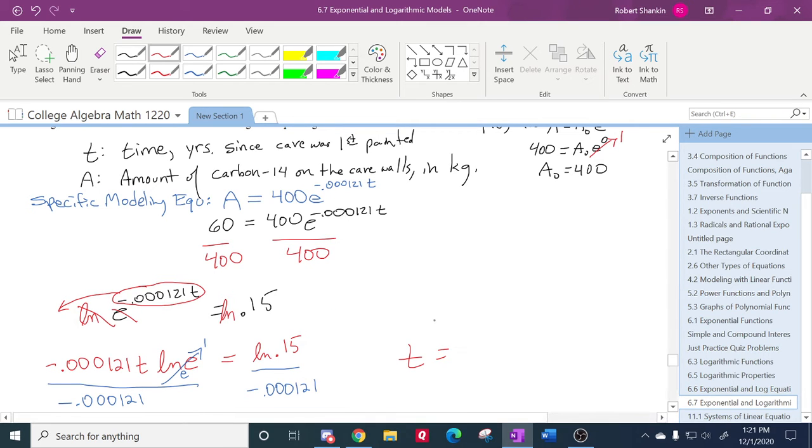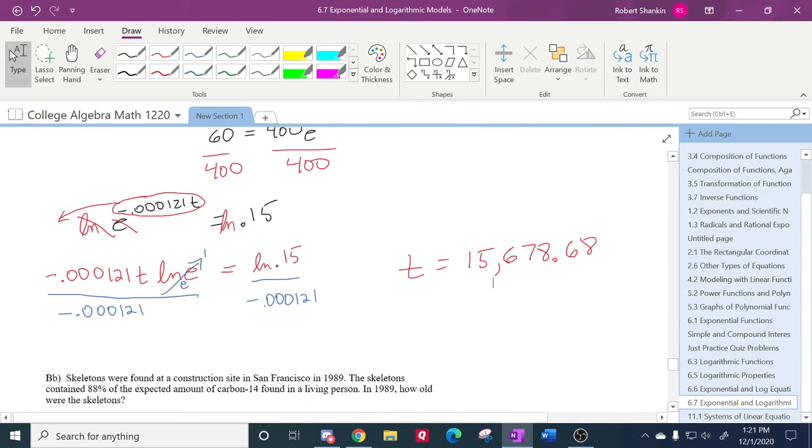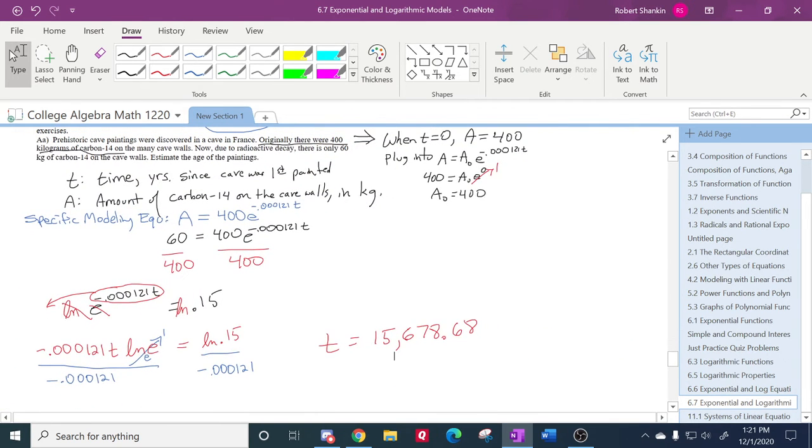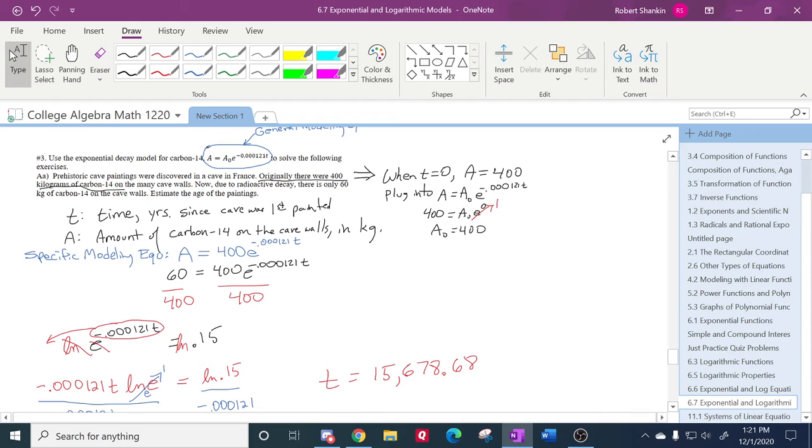And I get... So, what's the meaning of this t right here? Well, that's how many years have passed. A little more than 15,000 years has gone by since the cave paintings were first painted. Any questions on 3A?